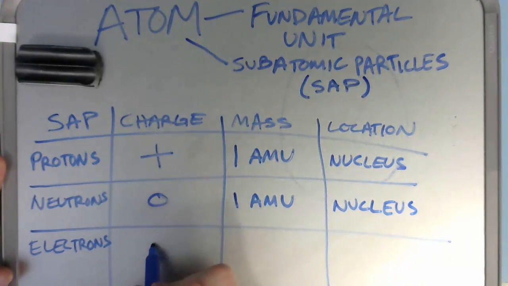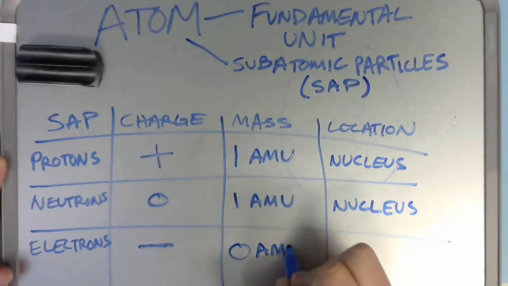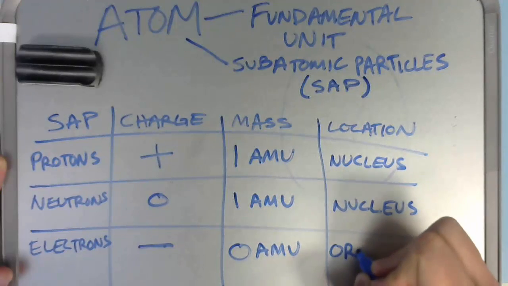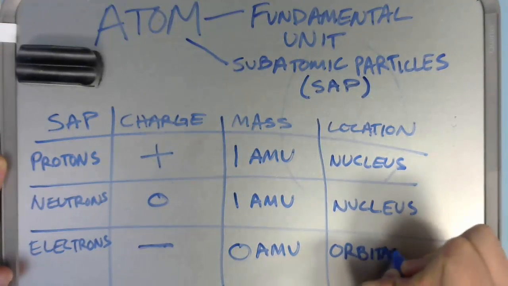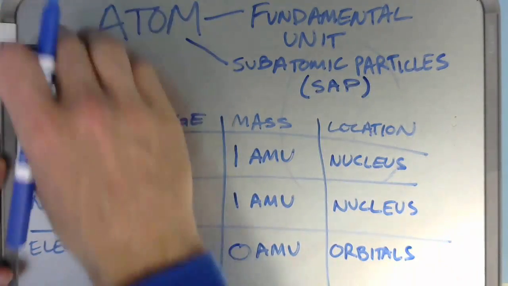Electrons have a negative charge, but their mass is negligible, so we're going to say they have 0 atomic mass units. They are located in orbitals, which circle around the nucleus.